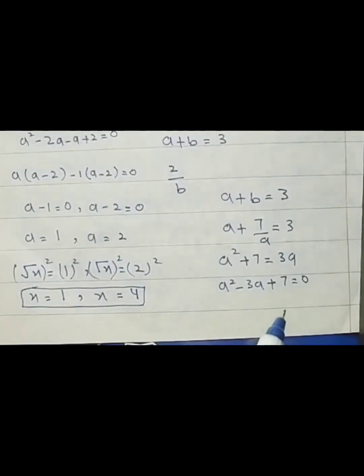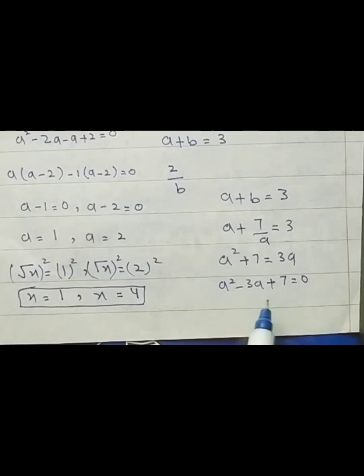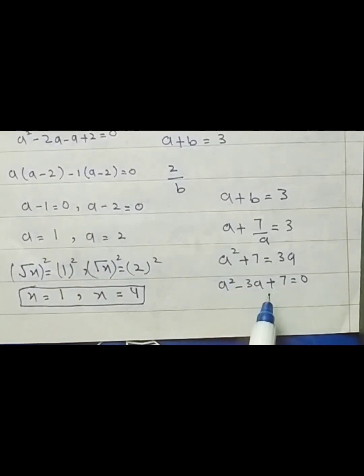As we know, 7 is a prime number, so we can't make factors of negative 3a from this equation, and if we take the quadratic formula, we get a negative value, so it is rejected.